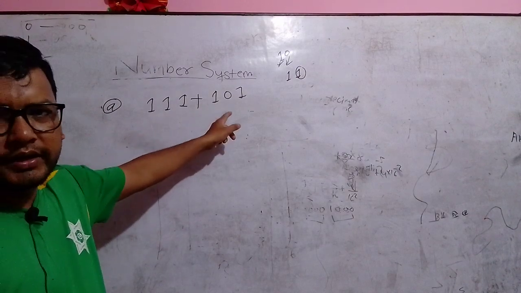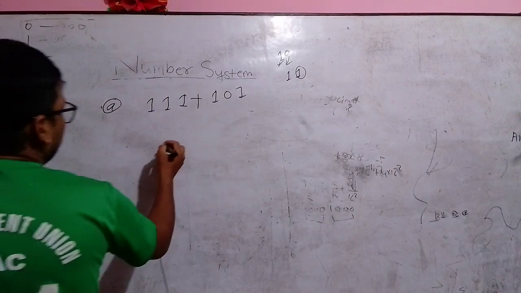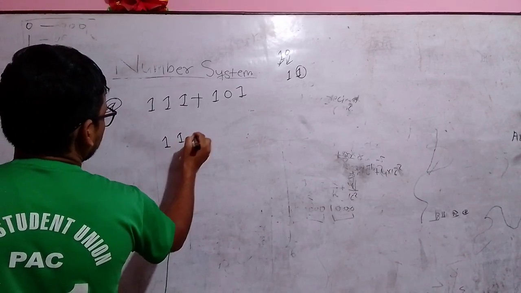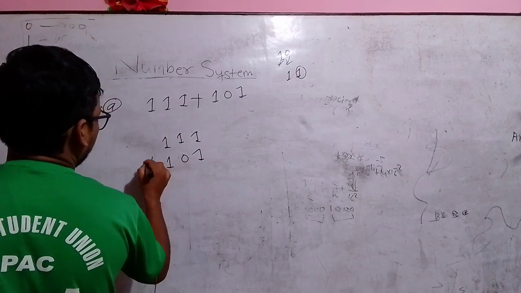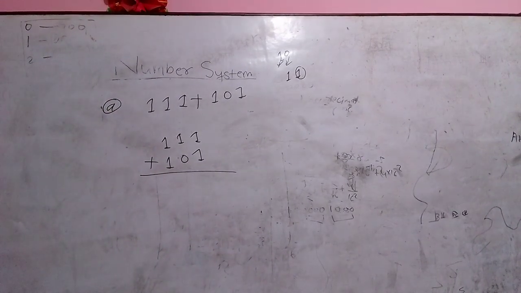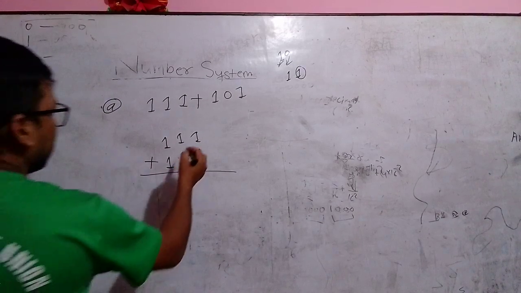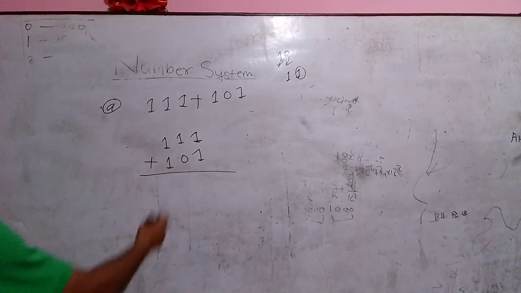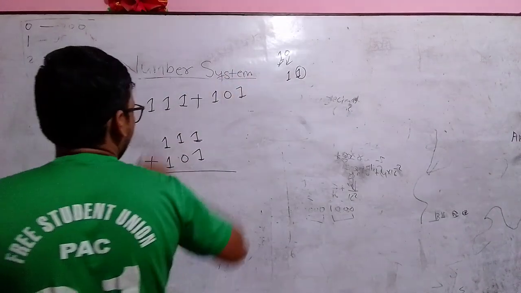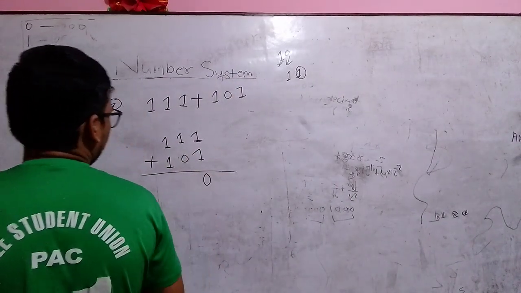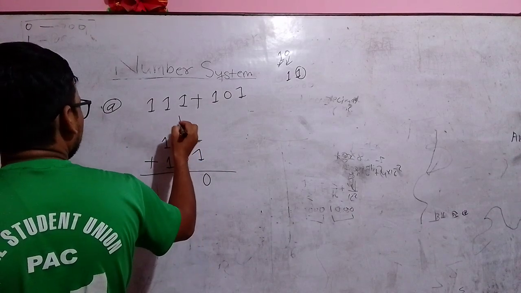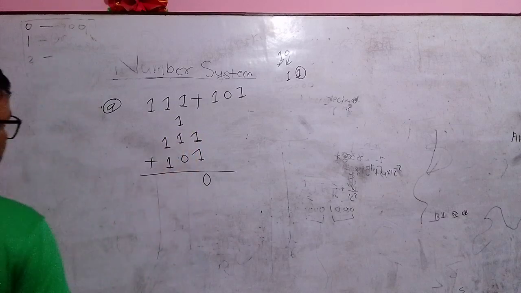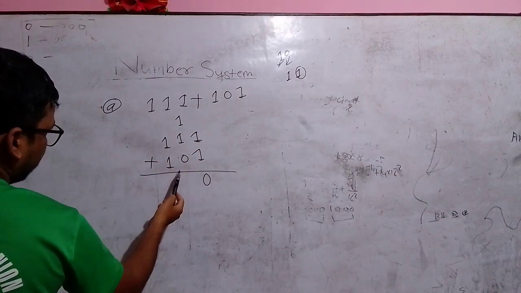To perform this binary addition, we need to write the numbers in this way. Now, 1 plus 1 would be 1 0, and its summation will be 0 and carry 1. The carry goes to the next position.